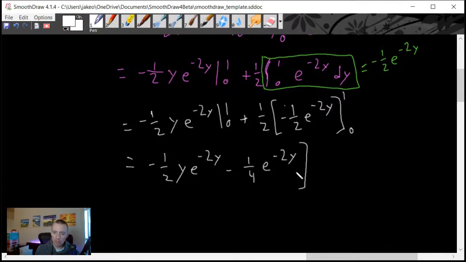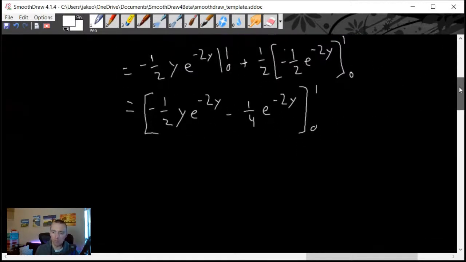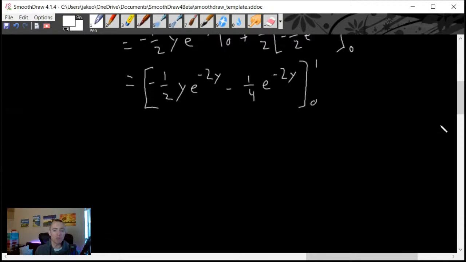And this whole thing, we need parentheses around the whole thing now, is being evaluated from 0 to 1 because each half before was being evaluated from 0 to 1. We can combine that. If you play it out step by step, you would find that you'd get the exact same number. So now all we have to do to evaluate this from 0 to 1 is first plug in our upper bound.